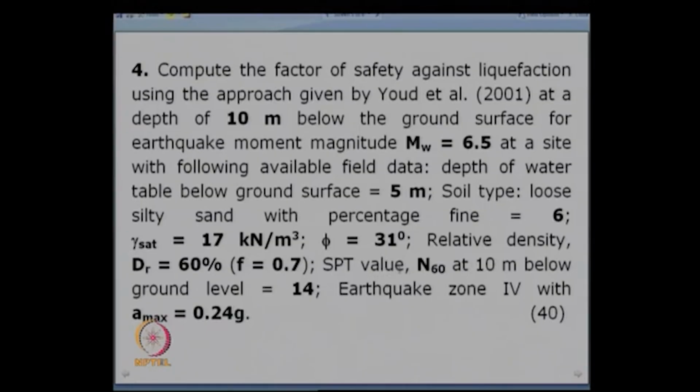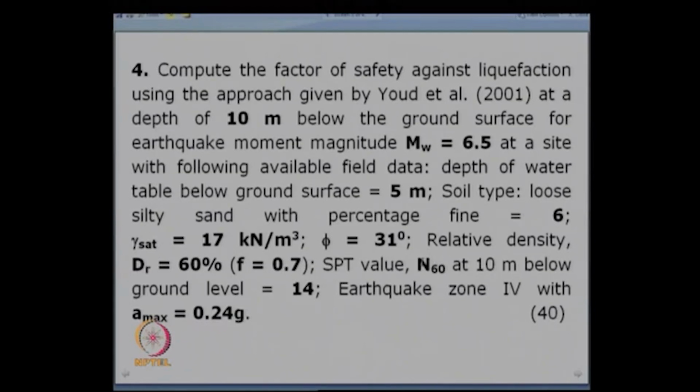SPT value N60 at 10 meter below the ground level is given as 14. Let us note here that the SPT N value given here is corrected using the energy correction. That is why the symbol used here is N suffix 60, related to 60% of energy input.